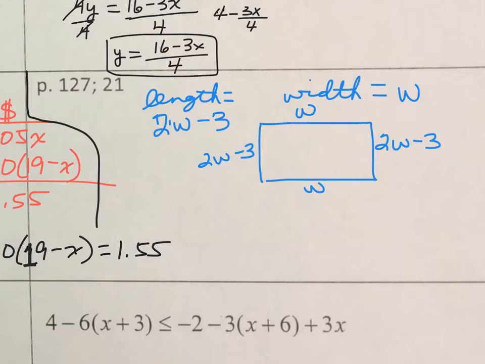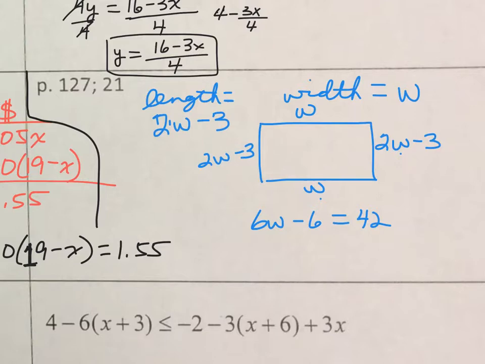So let's add our W's together. W and 2W is 3W, plus W is 4W, plus 2W is 6W. Negative 3 and negative 3 is minus 6. So there's your perimeter, 6W minus 6. And the problem told us that that's equal to 42.